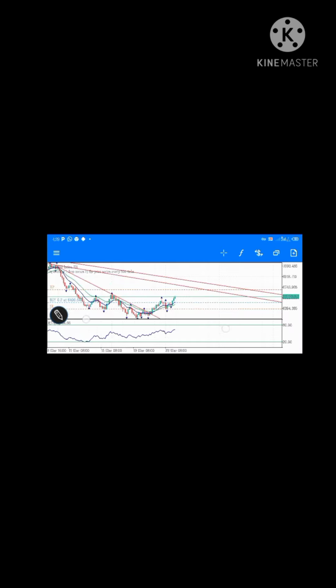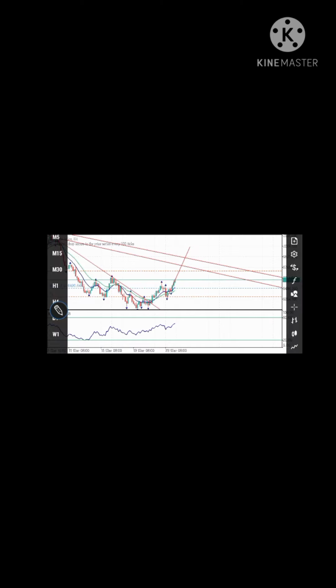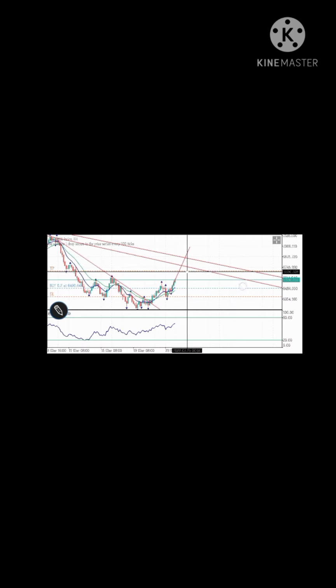Then you go to 1 hour, 4 hour, and draw a trend line from the support of the new impulsive movement like this. So you put your take profit very close to the intercept point, and that is what I did.